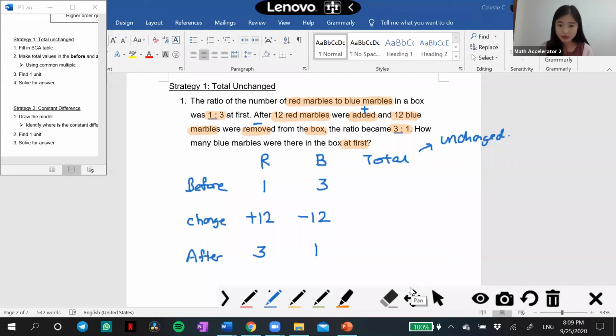So what is our total at the beginning? 3 plus 1, 4 units. So in this case, do you need to make anything equivalent? Your total at the beginning is 4 units, and at the end is 4 units as well. Is there a need for us to make it equivalent?